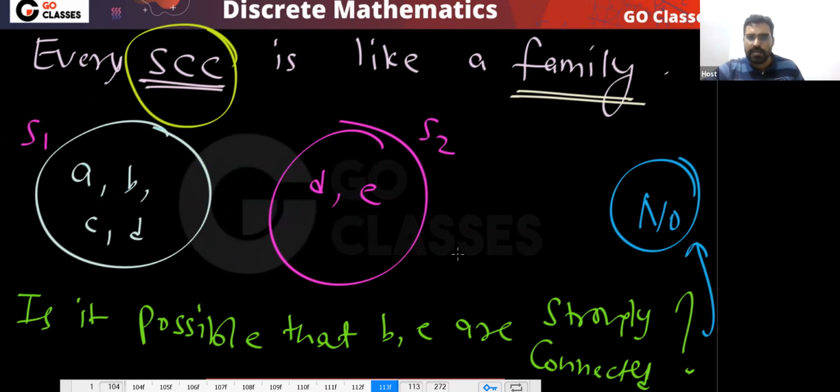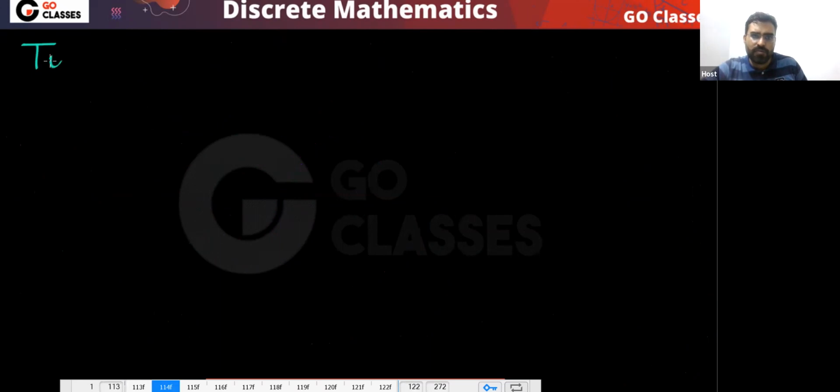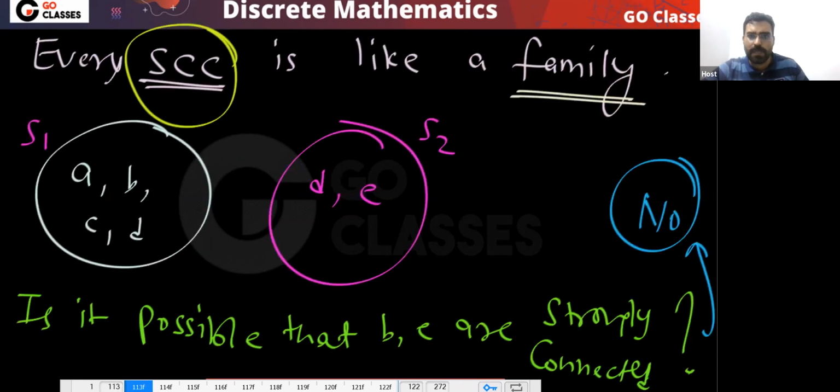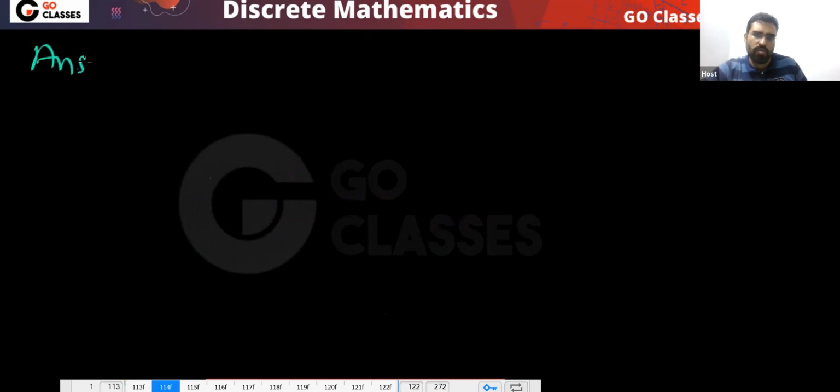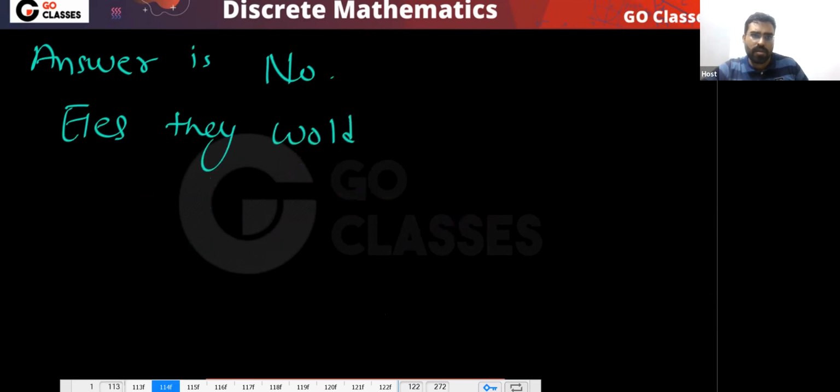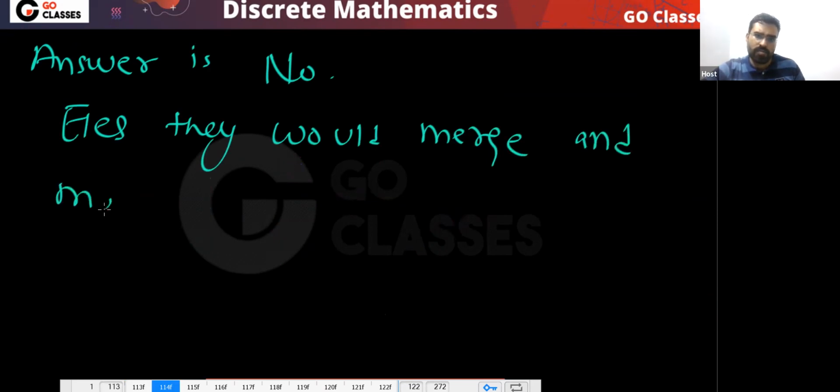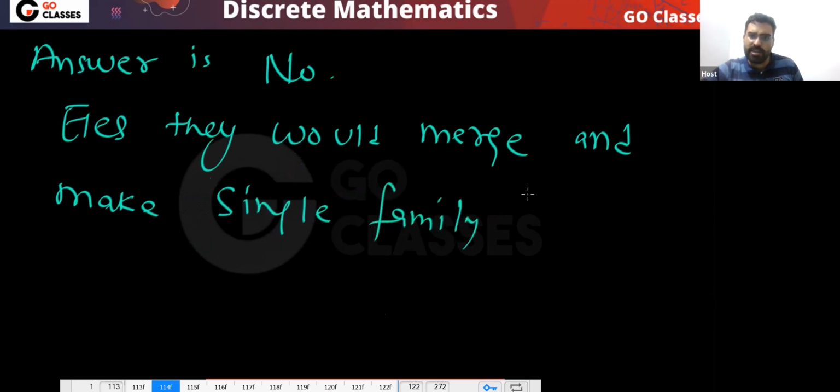The answer is no, because else they would merge and make a single strongly connected component, a single family. So this is the idea.